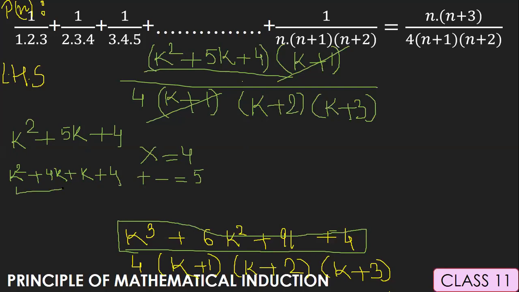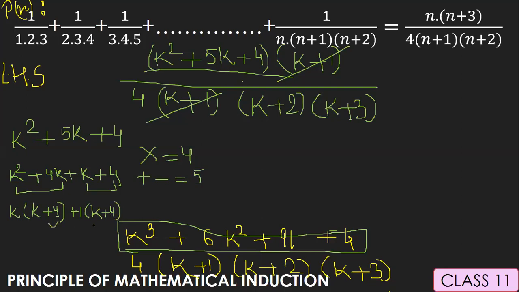Now from the first two terms, you would get k as common and you are left with k plus 4. In the next two terms, 1 would be common and you are left with k plus 4.